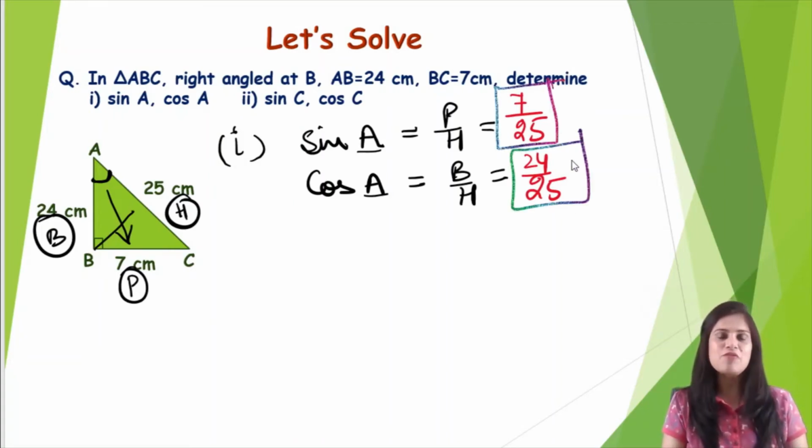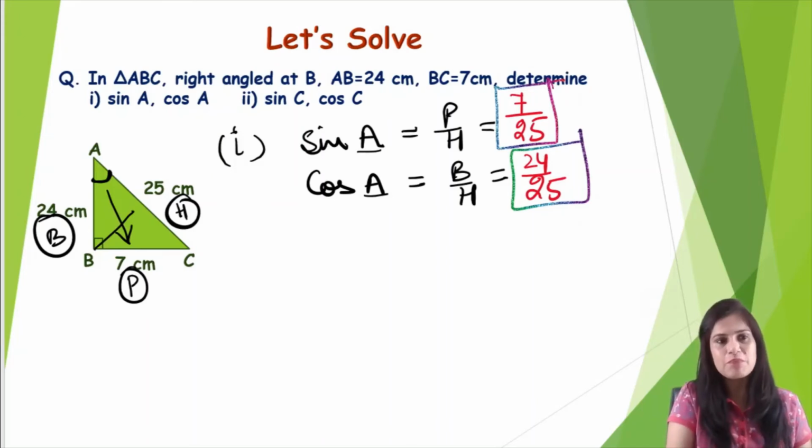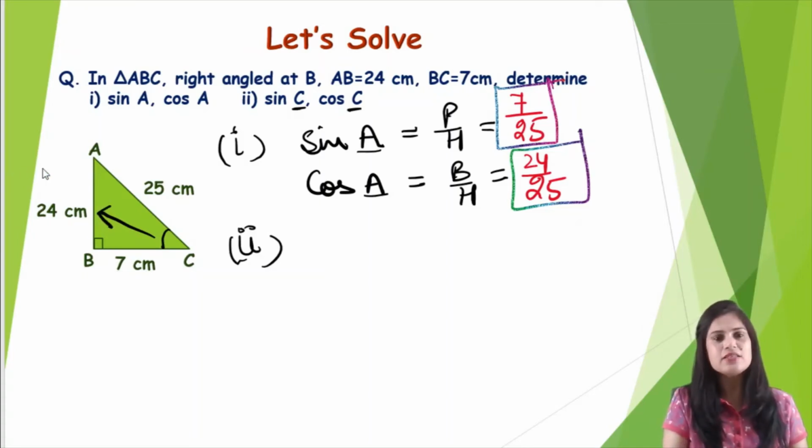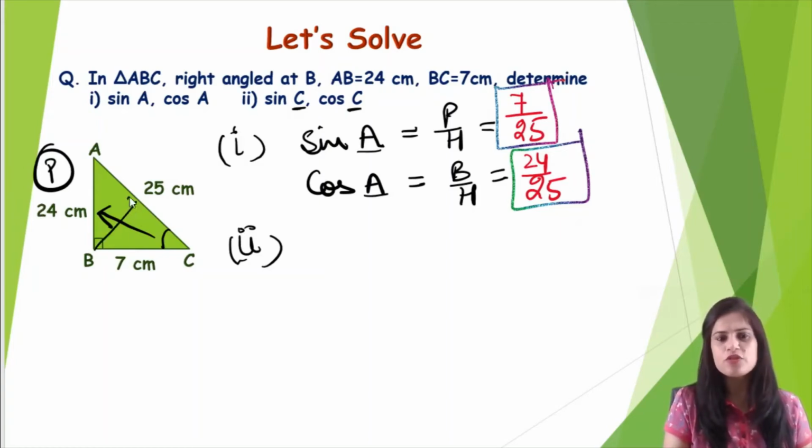In the same way, we can find the answer of the second part. But in the second part, we have to take different angles. So what is the different angle in the second part? You can see angle C. So if we are taking angle C, then the side opposite to angle C will be taken as perpendicular. Side opposite to 90 degrees is always hypotenuse and the remaining one is base.